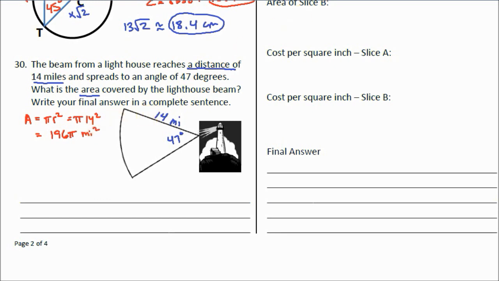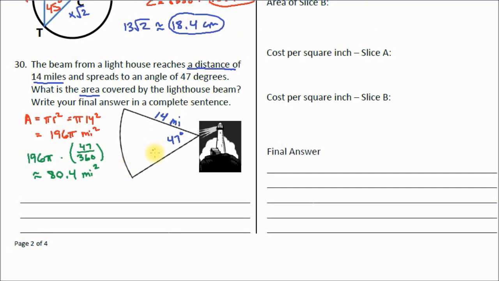All right, now to find our sector area, we just take the total area, 196 pi, and we multiply it times the fraction of the area that we want. Well, they gave us the degrees of our sector is 47. Total degrees of a circle are 360. So let's put that in our calculator. Our approximate answer will be 80.4 miles squared, because this is sector area.